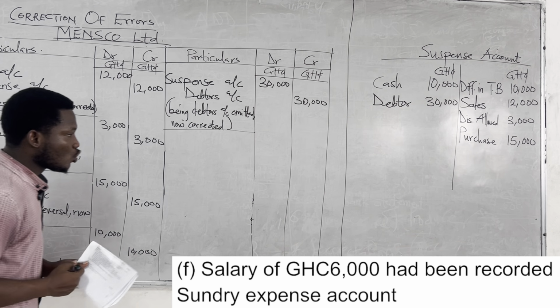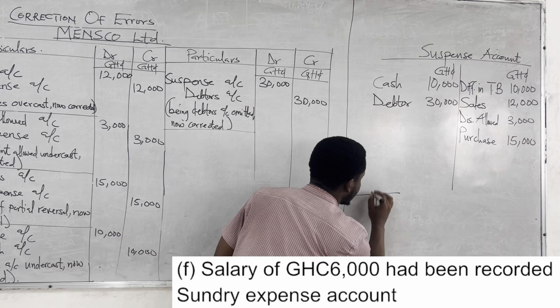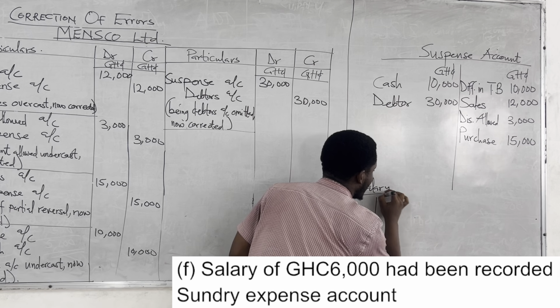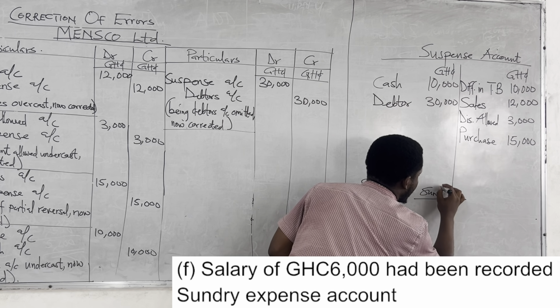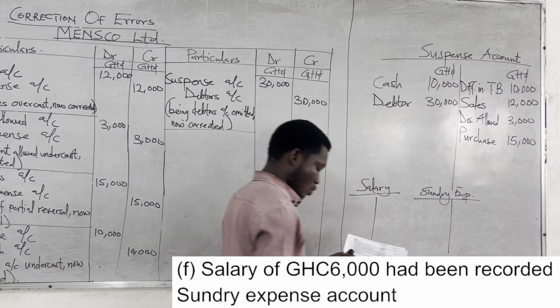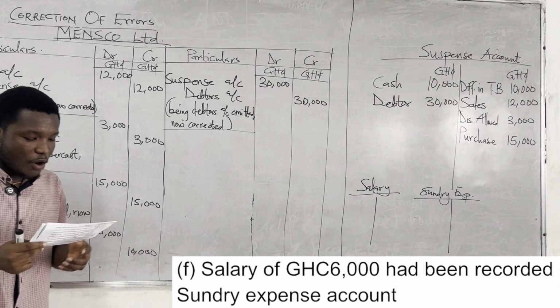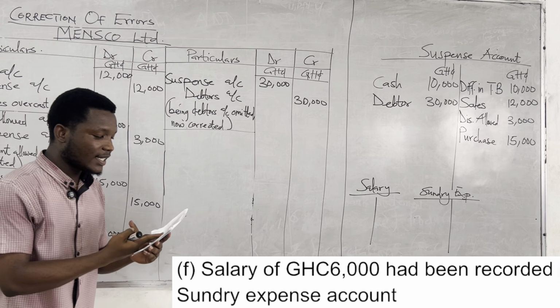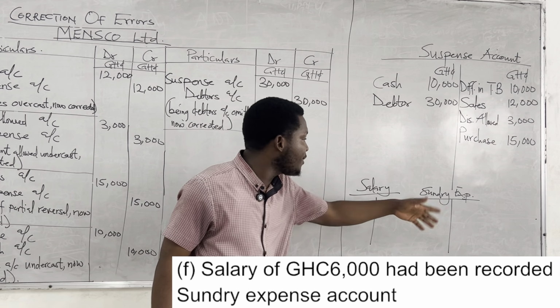Let me explain this. So we have our salary account and we have our sundry expense account. Now, salary of 6,000 had been recorded in the sundry expenses account. It means we have paid for salary.